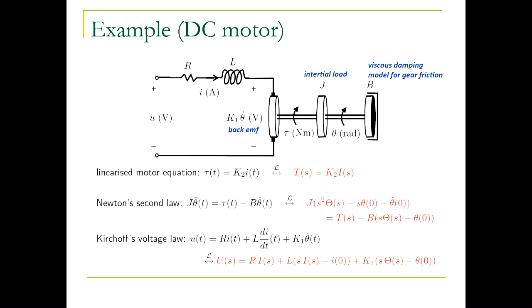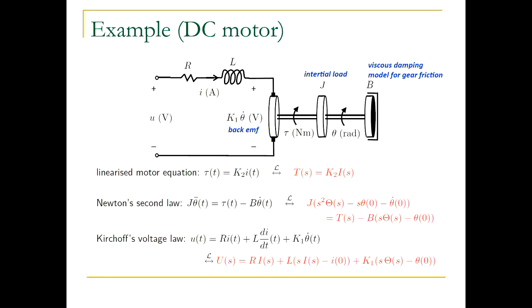By the way, I kept here the dependence also on initial conditions. You have here theta 0 or theta dot 0. They are coming from the initial conditions. I'm using the Laplace transform for the derivative, right, to write these. So this should be no surprise now. Going from black equations to red equations, we've done it in the previous lecture, and also in today's lecture we talked about it.